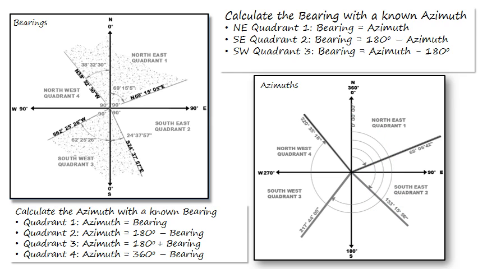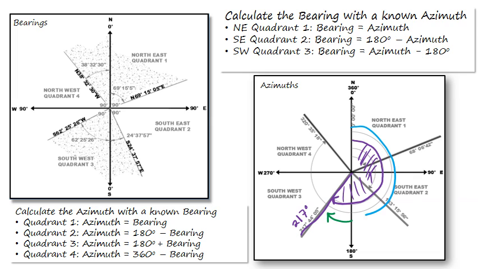Now in the third quadrant, or the southwest quadrant, we say we have this azimuth here going out this direction, so this entire angle is 217 degrees. But what we want is the bearing off of the south line. Remember what we said?